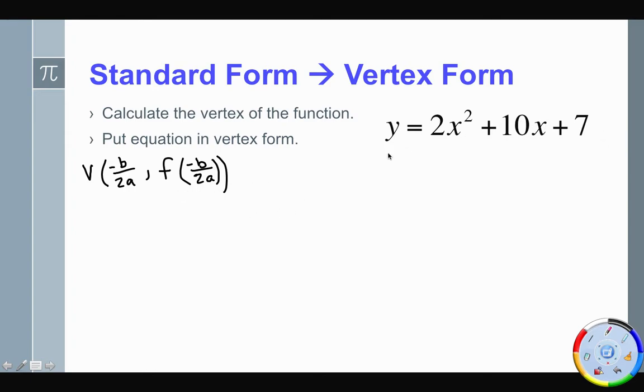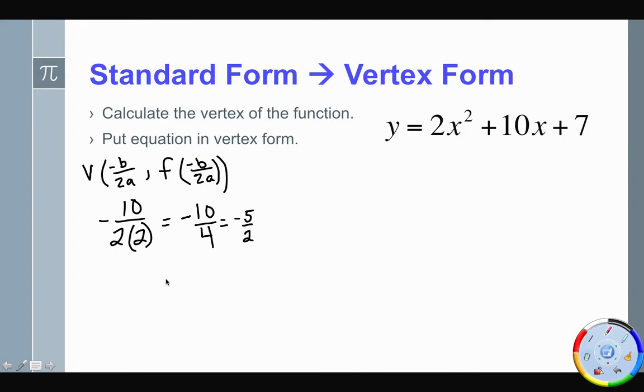We have opposite of b, so we get opposite of positive 10 over 2 times a, which is 2. So we get negative 10 over 4, which is negative 5 over 2.